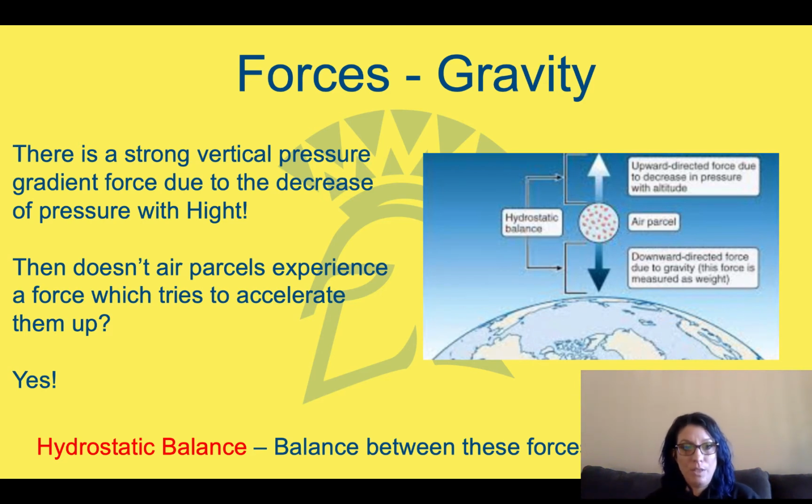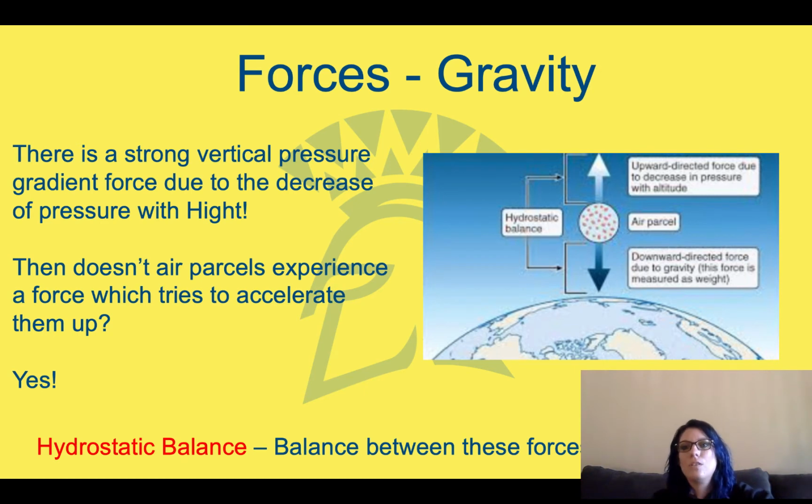Okay, so this is an important term here, hydrostatic balance. This is going to be the balance between the pressure gradient force and gravity in the vertical direction. Remember it's in the vertical direction because obviously gravity is not going to affect an air parcel that's moving horizontally. I mean, it might a little bit, right? But they're in balance, so it wouldn't really affect it.